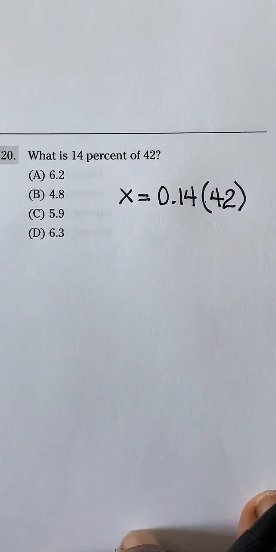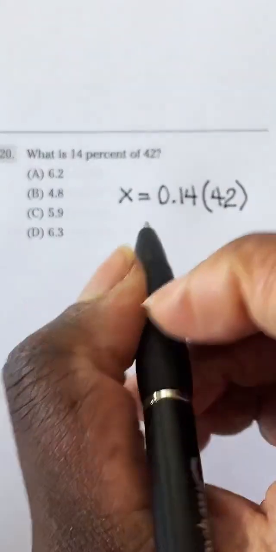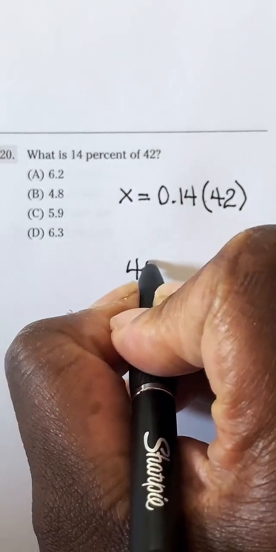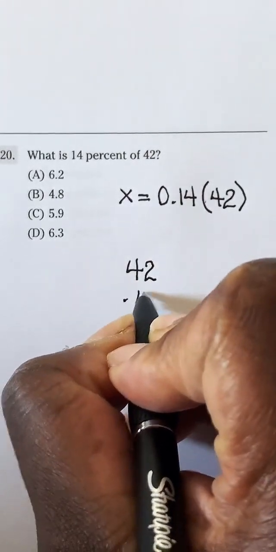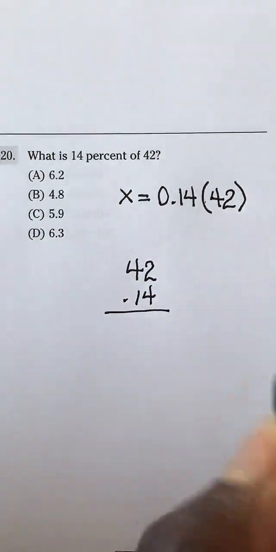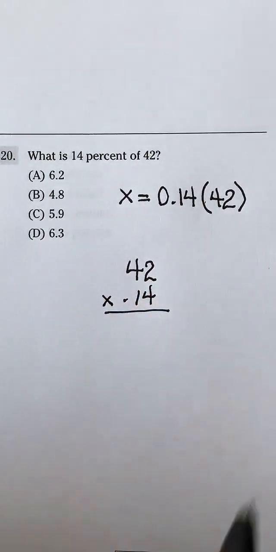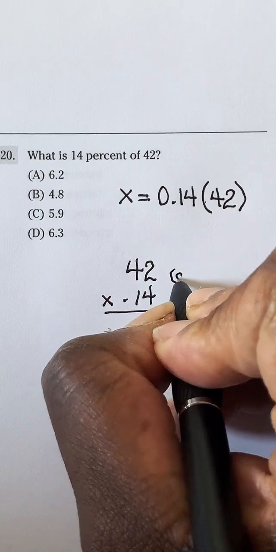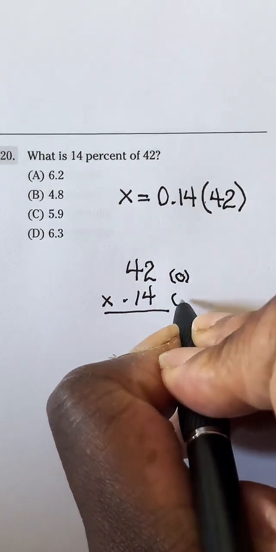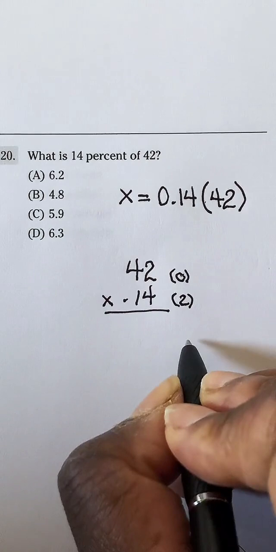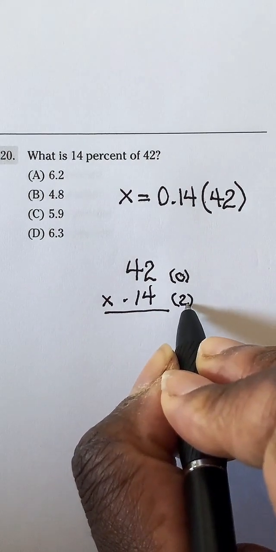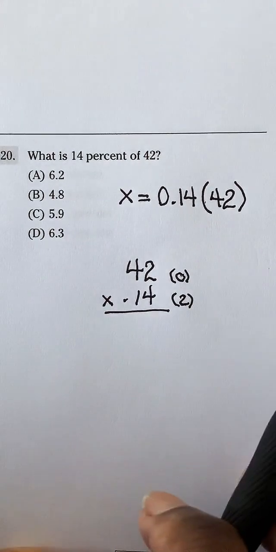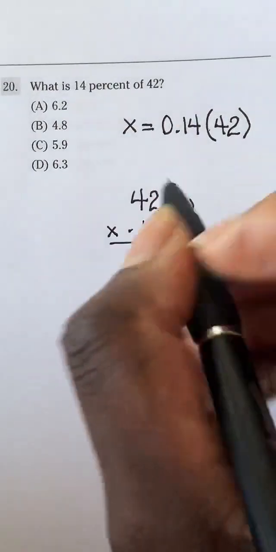So we're basically looking at multiplication. We have our 42 times our 14 hundredths. This has 0 decimal places. This has 2. So that means my answer is going to have 2, because 0 plus 2 will give me 2. So now we want to multiply.